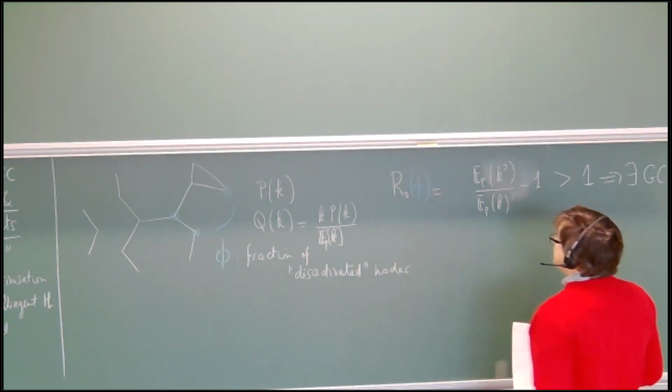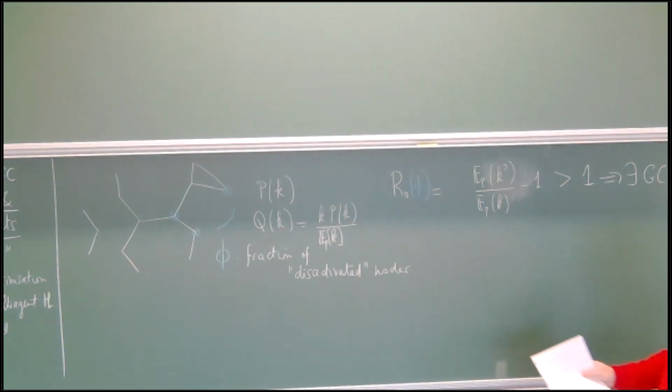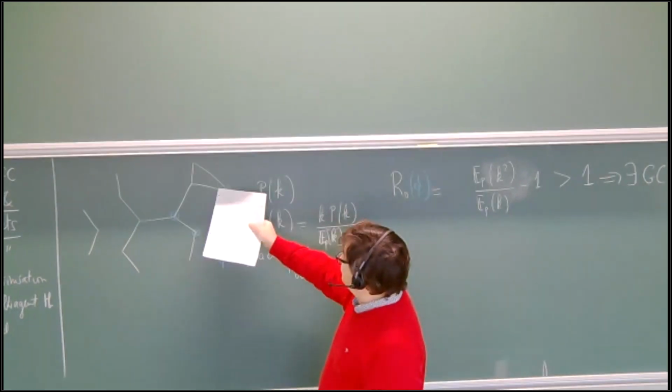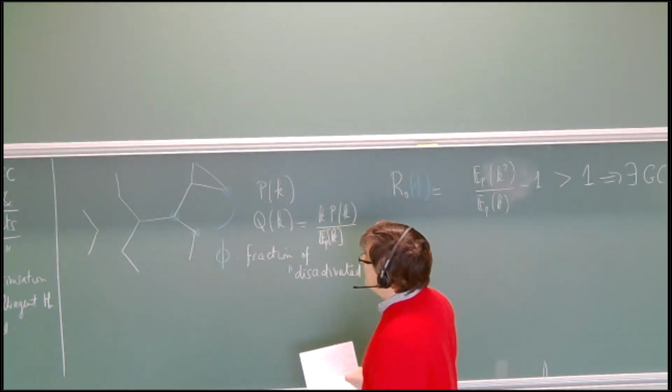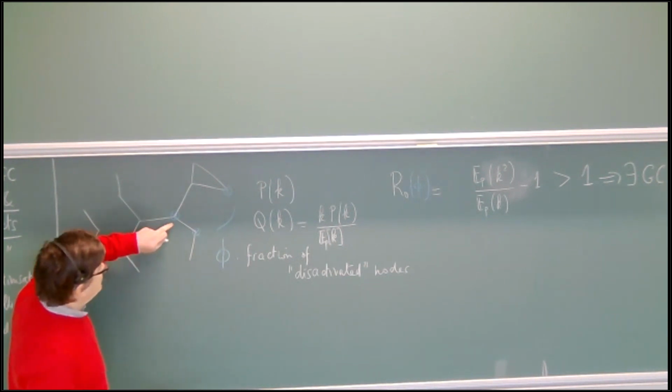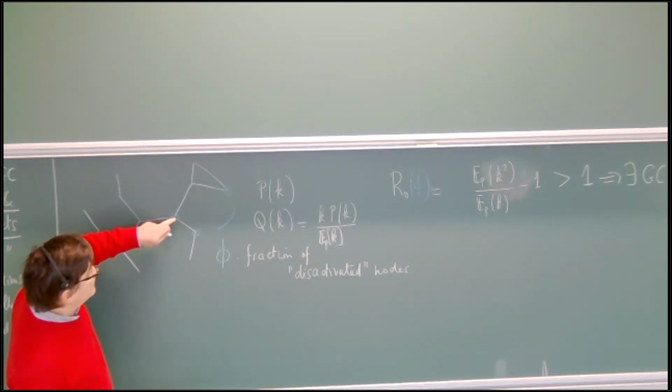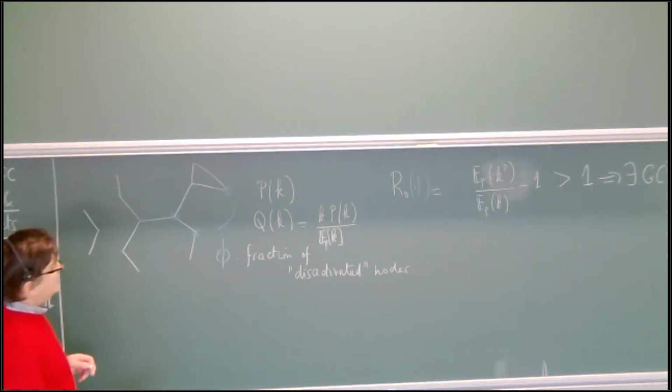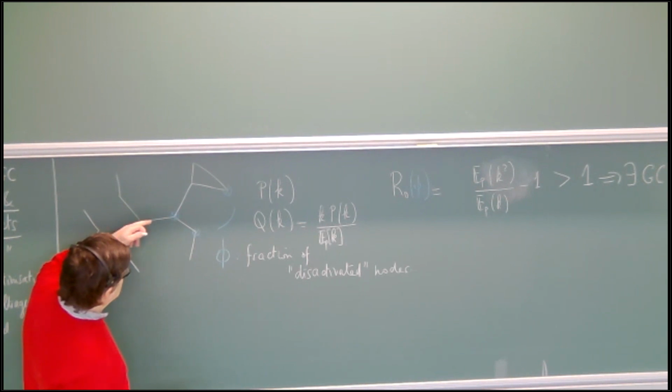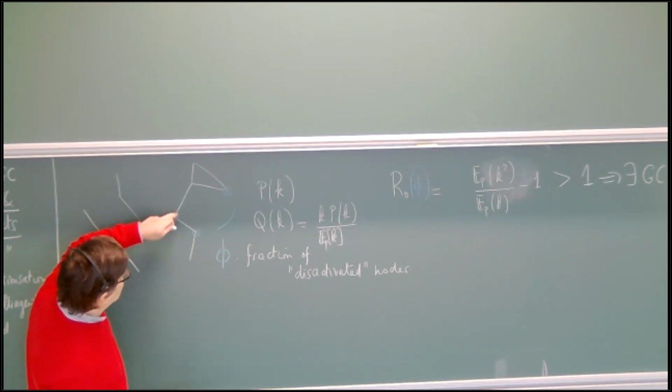If you think about what it means to destroy or to deactivate some nodes, it means that from a given node, you're actually reducing the number of children. You remember that I worked with an analogy with the Galton-Watson process. So you're coming from this node, this is the parent, and this guy has a number of children.